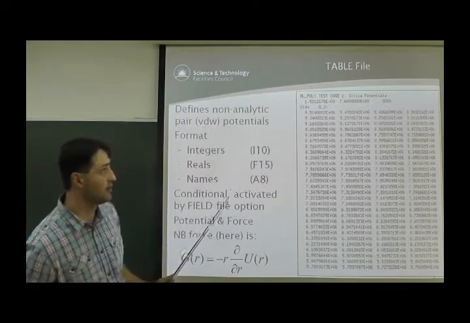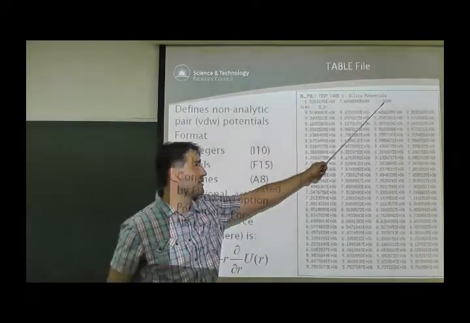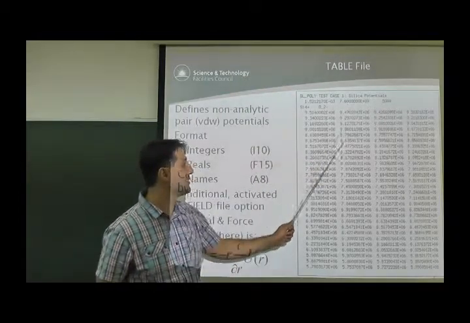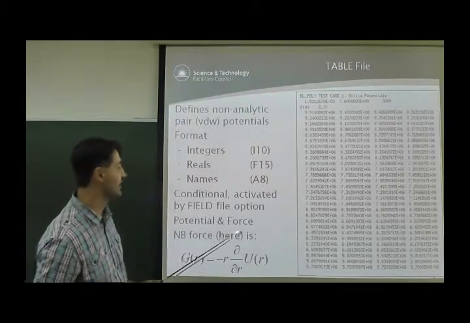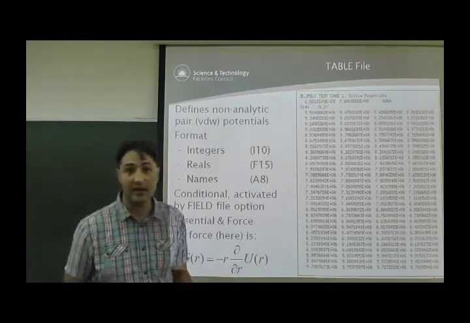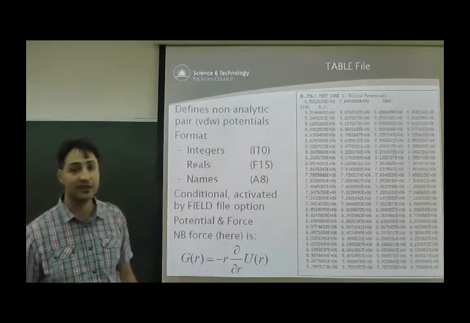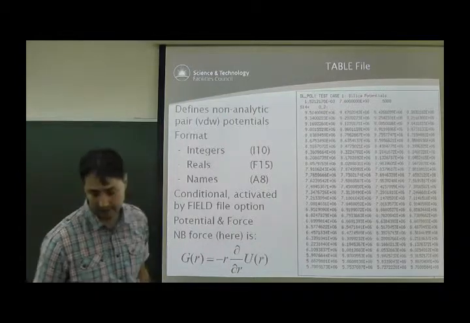So we include two rows that are broken and continue until the number of data points is satisfied. The first row, then the third, the fifth, and so on will be the data of the potential, and the second, the fourth, and so on will be the data of the force times the distance.